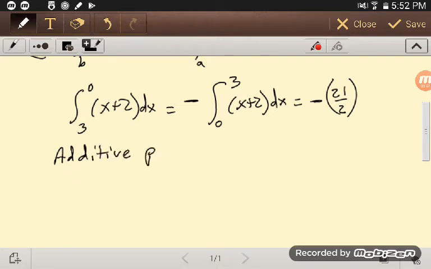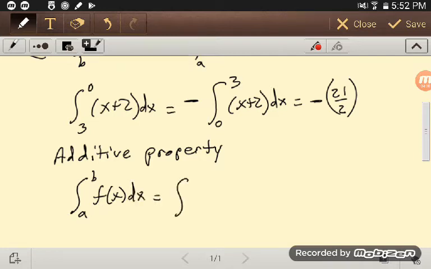Additive property is that if we split up the interval, so here's an interval from a to b of f of x dx, that is the same as the integral from a to c, that's a c, of f of x dx, and plus the integral from c to b of f of x dx.